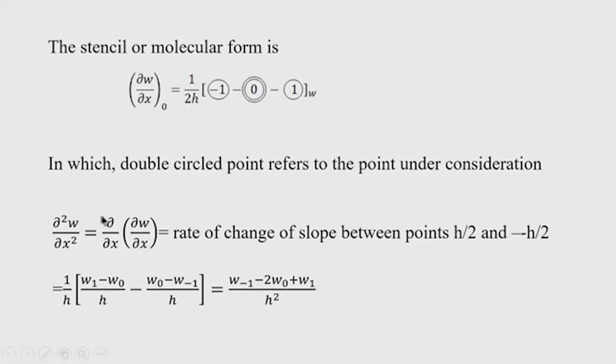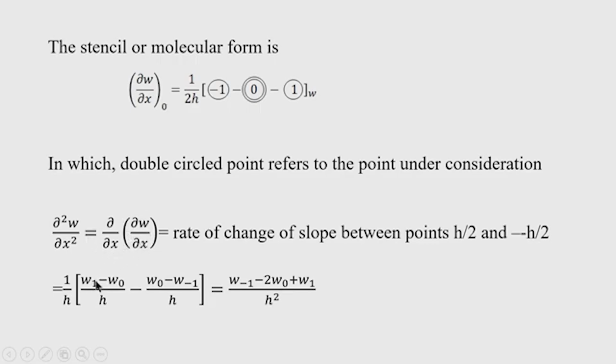Okay. Now, if I calculate the second derivative of the expression, then the rate of change of slope is to be evaluated. So, del by del x of del w by del x. This quantity we have already calculated. So, now this can be calculated as 1 by h, because we already calculated del w by del x, and we again take the rate of change of this quantity.